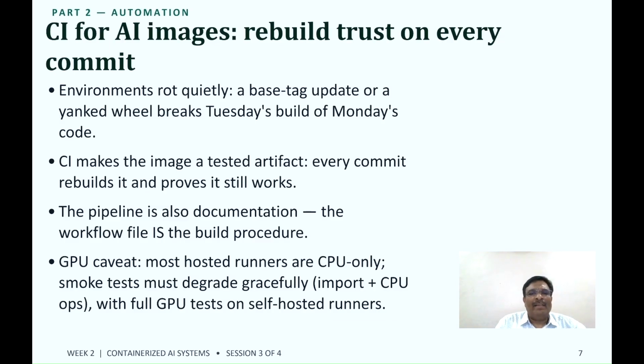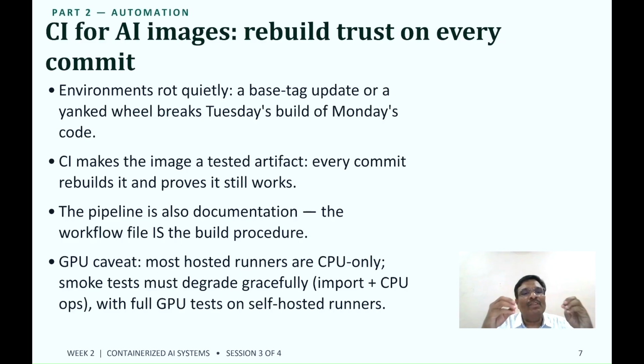Most hosted runners are CPU only. Smoke test must degrade gracefully. That means import plus CPU operations, with full GPU tests on self-hosted runners. So that basically means when you start using a lot of these frameworks or libraries on GPUs, silently, if GPU is not available, they will shift towards CPU operations and complete the task.